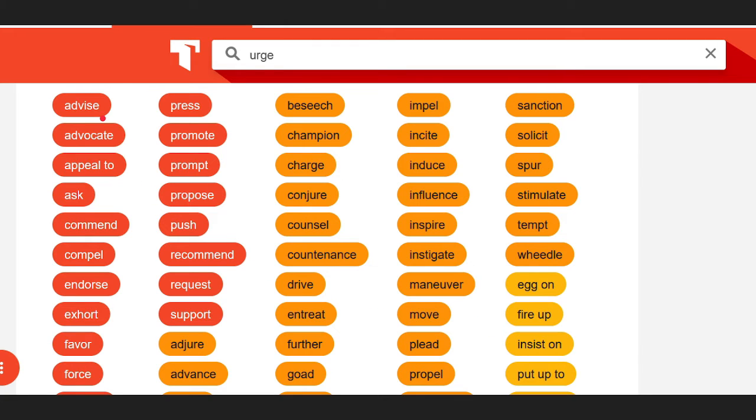For example, advise is a lot weaker than urge, and force is a lot stronger. Force, you're making them do it. Urge has some stress to it, but it isn't as much as force, and advise is just kind of passive off to the side.